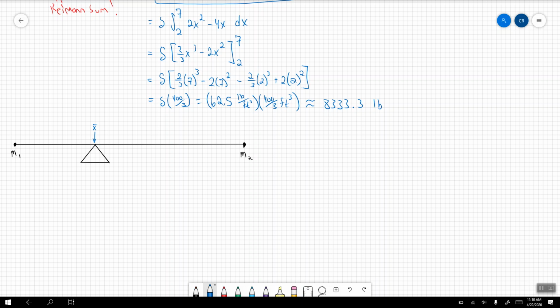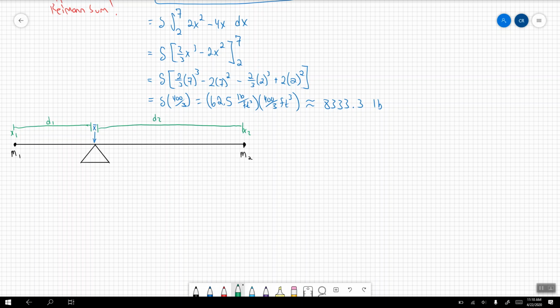I'm going to say that M1 is positioned at x1 and M2 is positioned at x2. The distance from x1 to the midpoint is d1, and the distance from the midpoint over to x2 is d2.